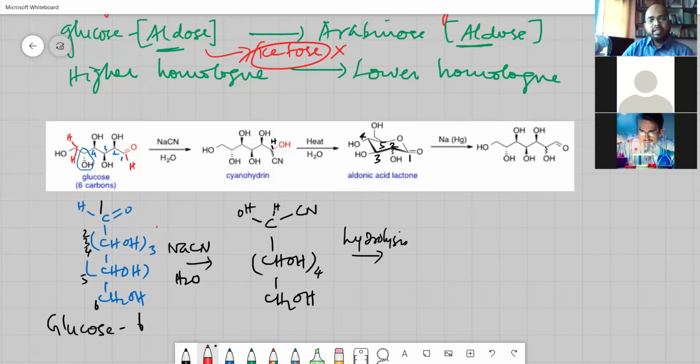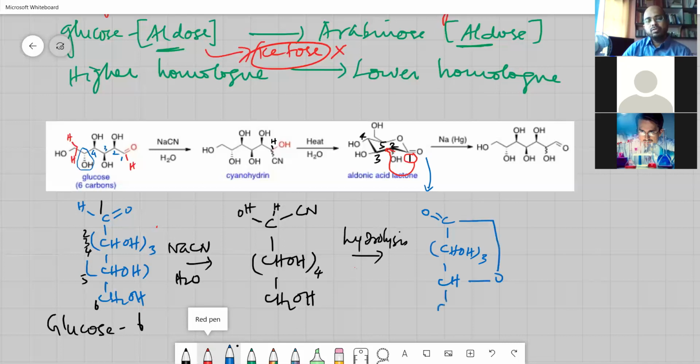The first and fifth carbon atoms are linked by this process of heating, and you get a compound like this. It is actually written like this: C double bond O in the ring O, then CHOH 3 times, CH, O, CH2. So this is an aldonic acid followed by lactone.